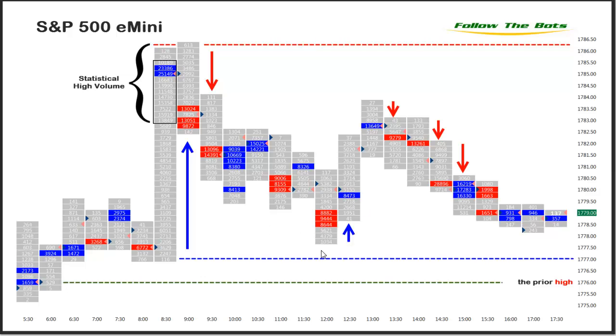When the S&P pulled back to initially retest the 1778 price level, the market auctioned back up to 1783 but failed to retest the opening range high. S&P futures sold back down to the opening range low into the close.